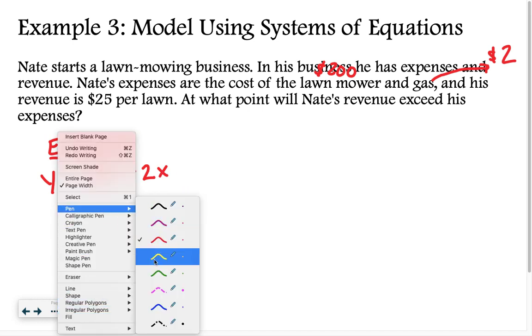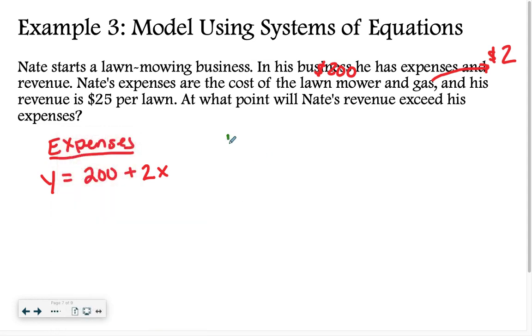Then, for revenue, so the money he makes rather than spends, revenue is that fancy word. So revenue is, he gets $25 every lawn. So the amount of money equals $25 times every lawn. Okay, so those are my two equations.